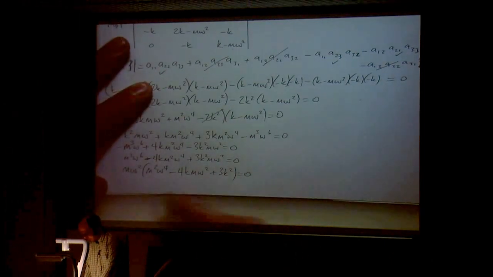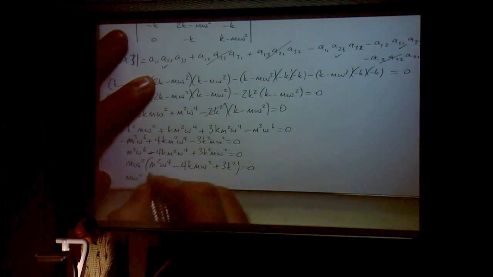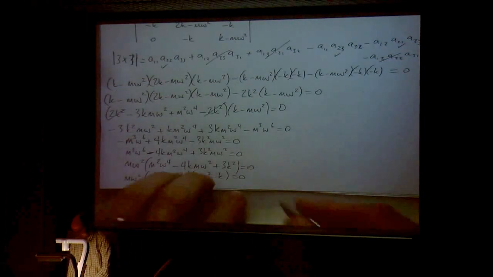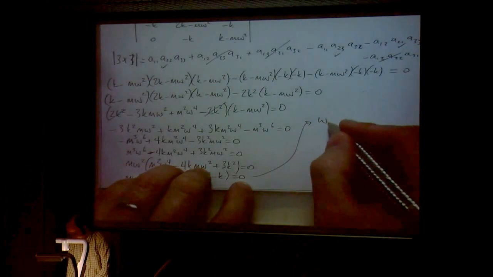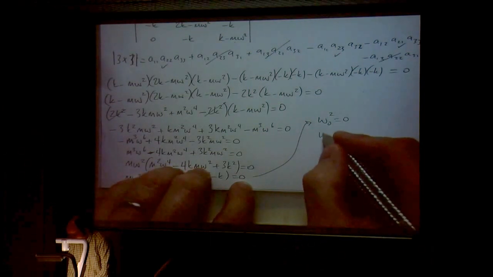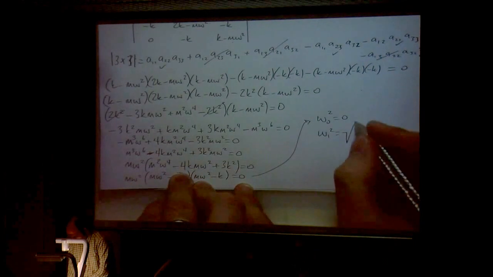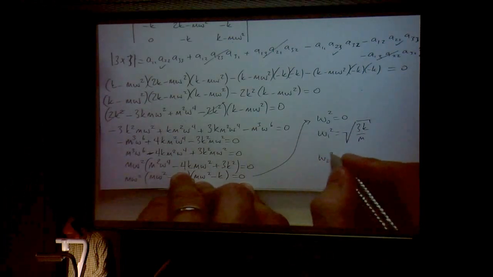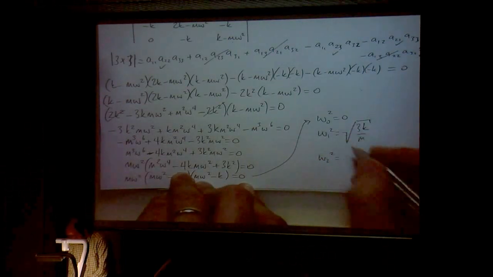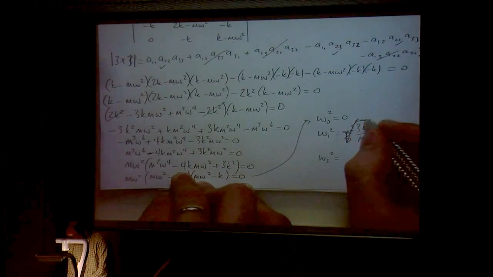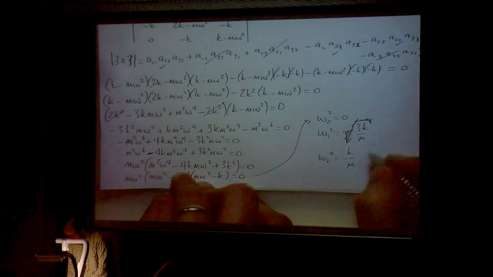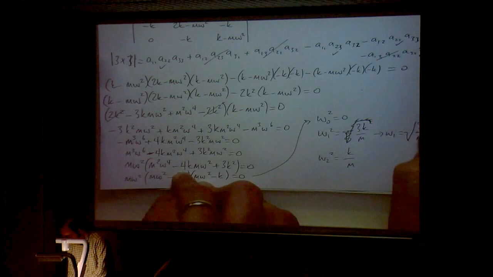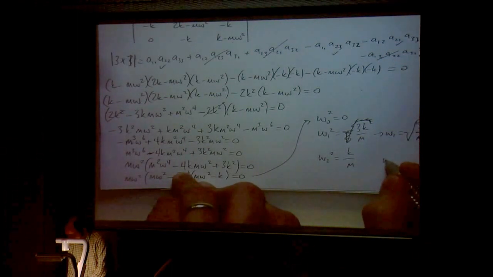And if you remember back to your GCSE maths, you can factor that and you end up with, from this, omega 0 is 0, omega 1 squared is 3k upon m, and omega 2 squared is k upon m. Obviously, when you square root it, this is what you get.